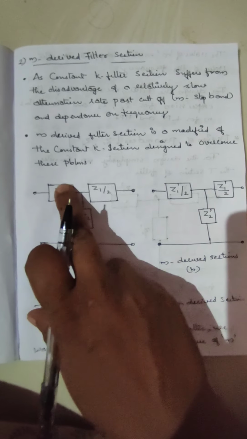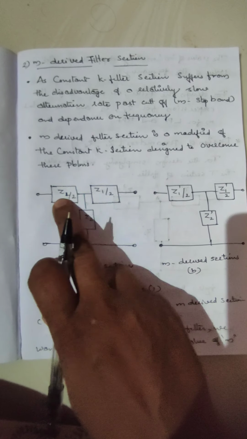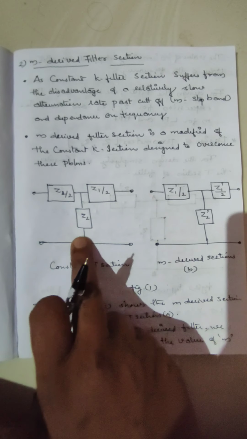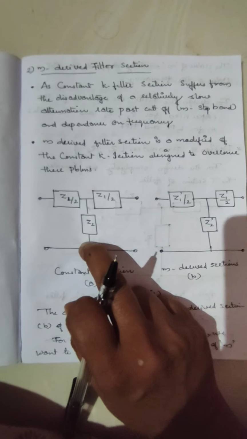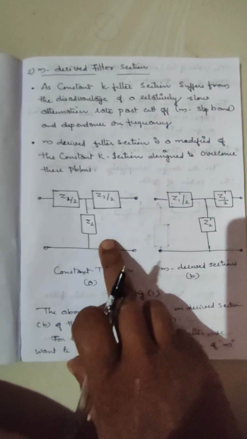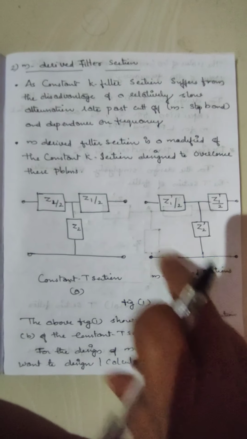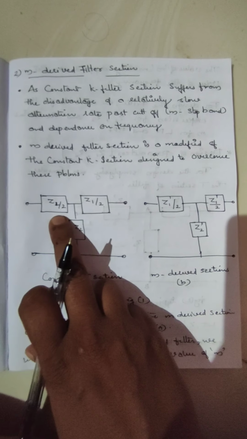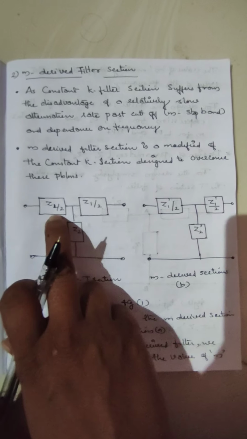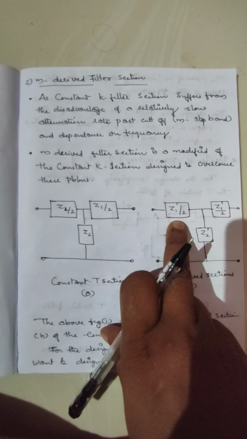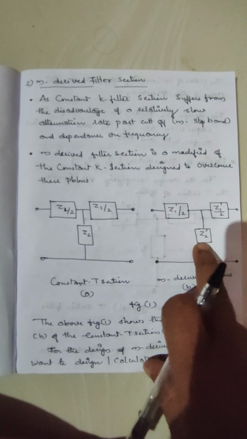From here there will be two components in series and one component in parallel. It will look like a T shape, and whenever this is transformed in the case of the derived section, the parameter values change into the corresponding z1 dash and z2 dash.